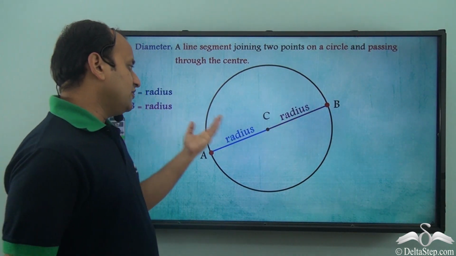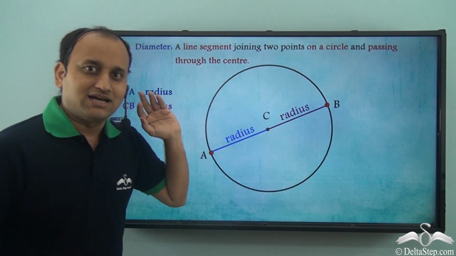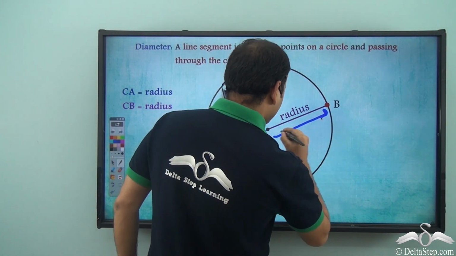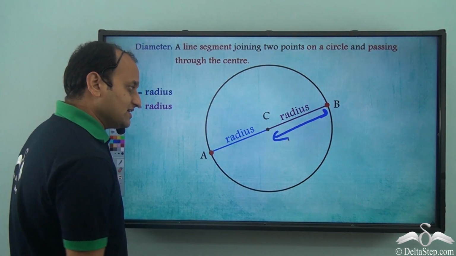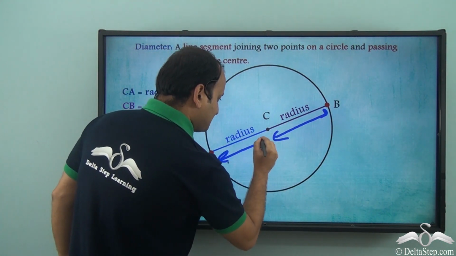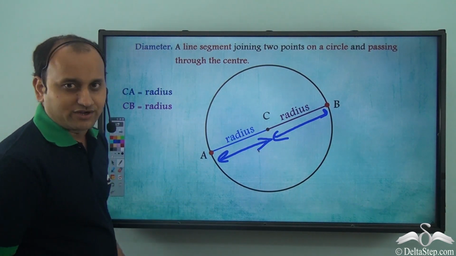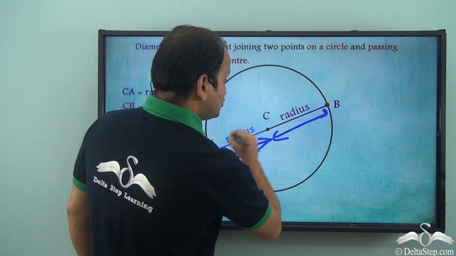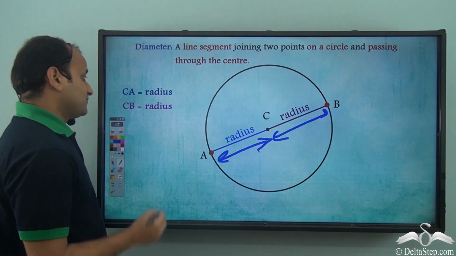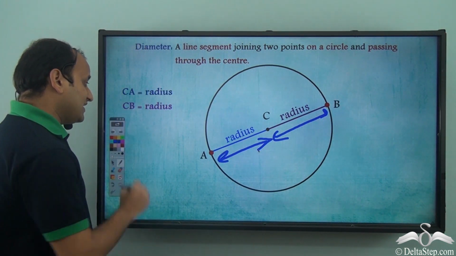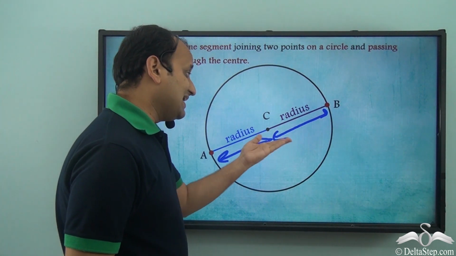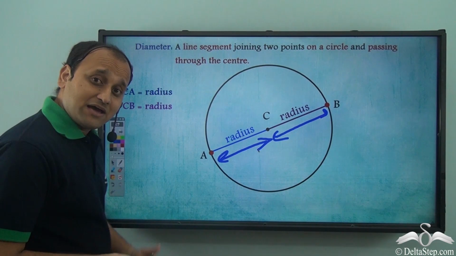So, when we know what exactly is a diameter, we also know that this section is a radius and this part of the line segment is also a radius, right? So we are talking about two radii, isn't it? So we have CA, one radius, CB, one radius. Then what exactly is the length of the diameter?